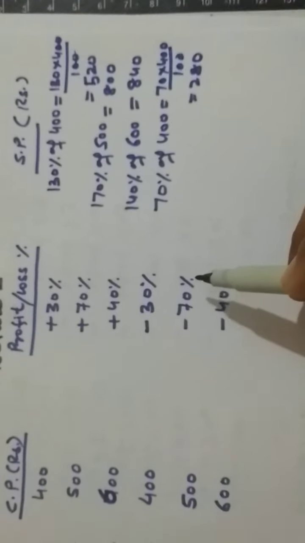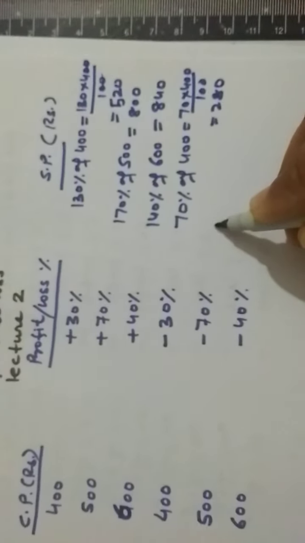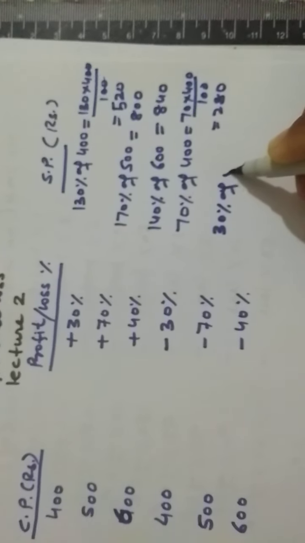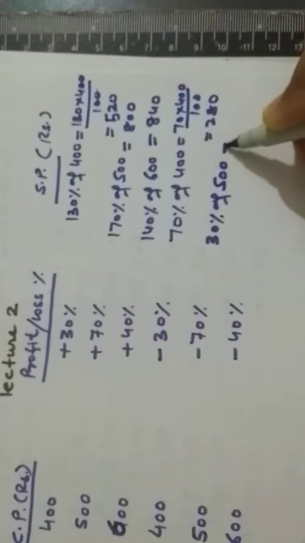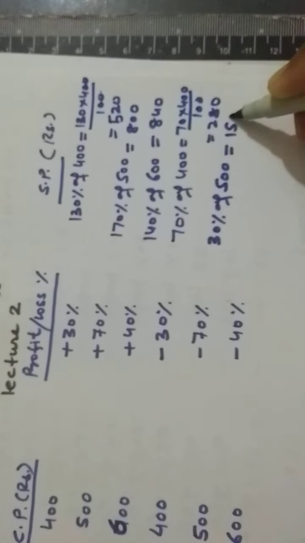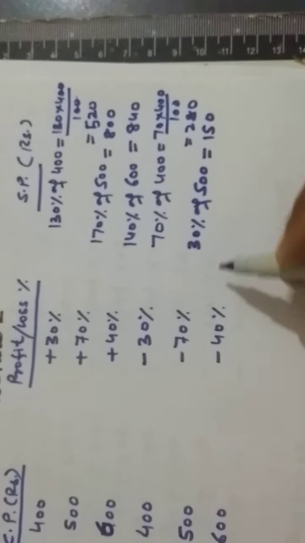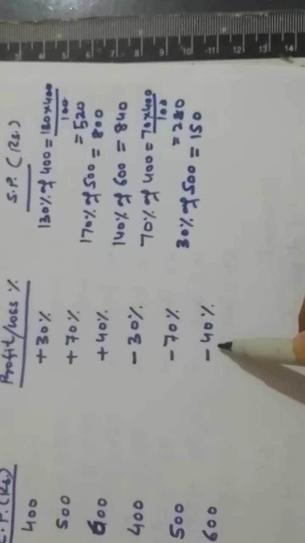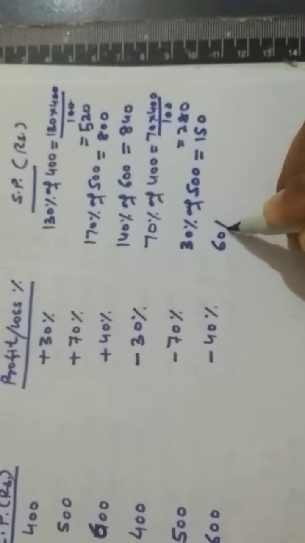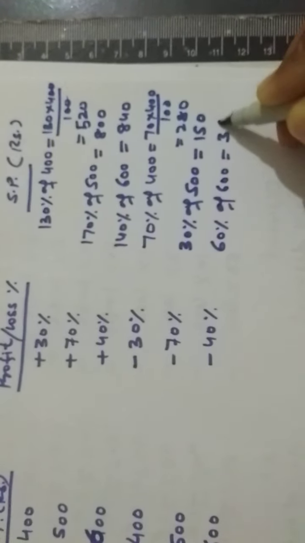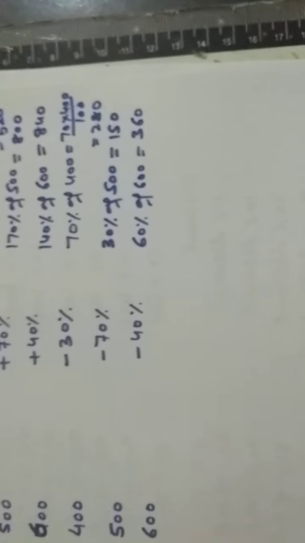In the next case loss is 70%, so selling price is 30% of cost price and cost price is 500. In a similar way we get 150 rupees. And in the last example, we have to find selling price, loss is 40%, so selling price is 60% of cost price, that is equal to 360 rupees.